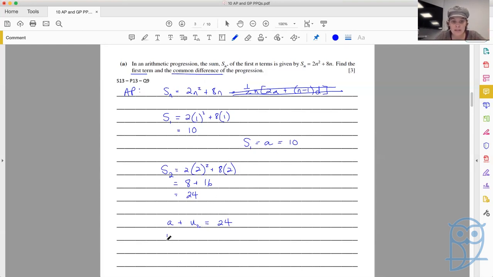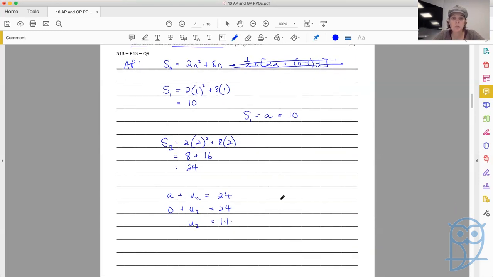A is 10 plus U2 equals 24. So U2 equals 14. Right? But we know that U2 is A plus D. So we know also that A plus D equals 14. So D equals 4.